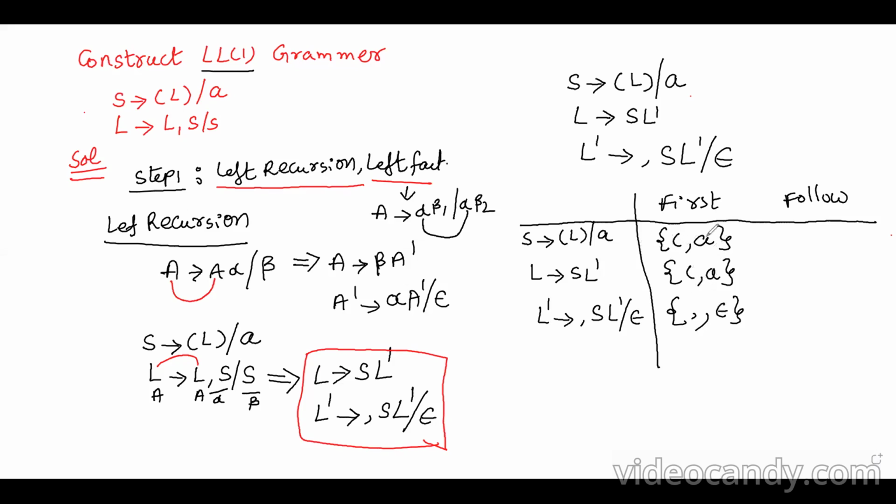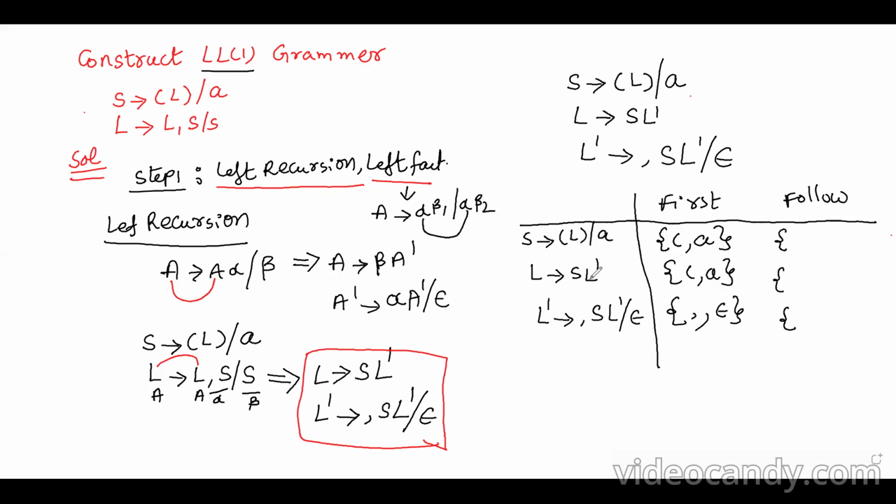Now we go for the follow value. We are going to construct the follow of S. When you find the follow of S, you must check where the S is in the productions.